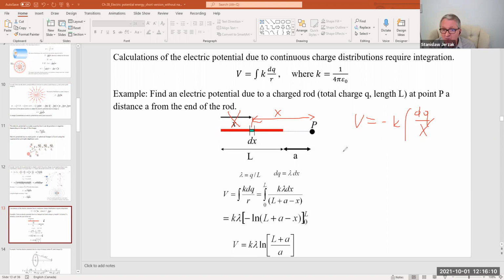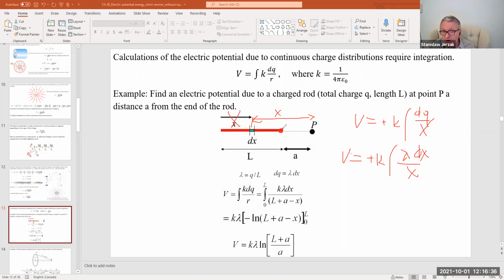And instead of dq, I would write again, why did I write negative? So that should be plus k. Instead of dq, I would write lambda dx divided by x. But the limits of integration would be, you have to integrate over x now. And the smallest value of x would be when you take this element at this end.